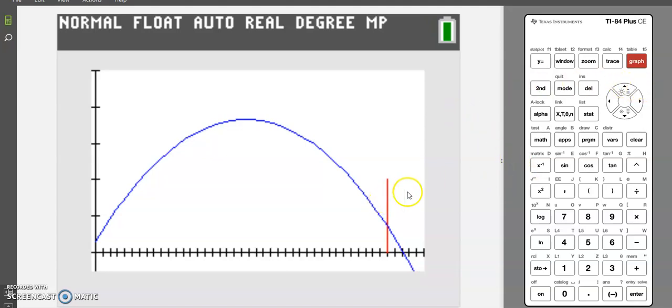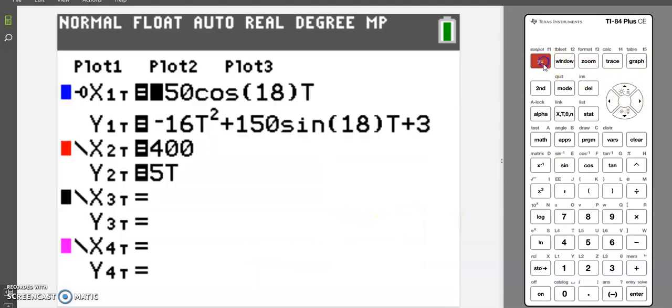So if you wanted the fence to be there before the ball was hit, you would need to plot that as your first equation. Another way, we could go back into the y equals, and we could put the equation for the wall in x1, and then put the equation of the ball in x2, y2, and then that would make the fence be there before the ball was hit. But I'm not going to do that right now. You can do that if you want.